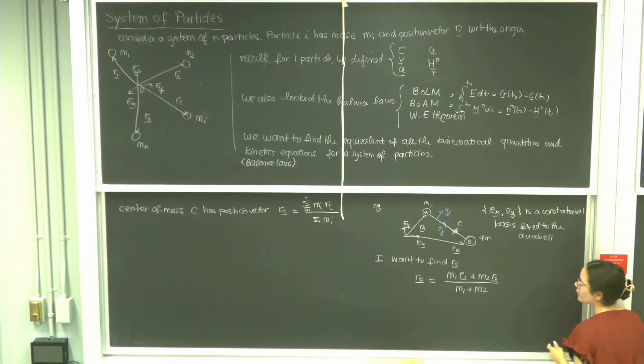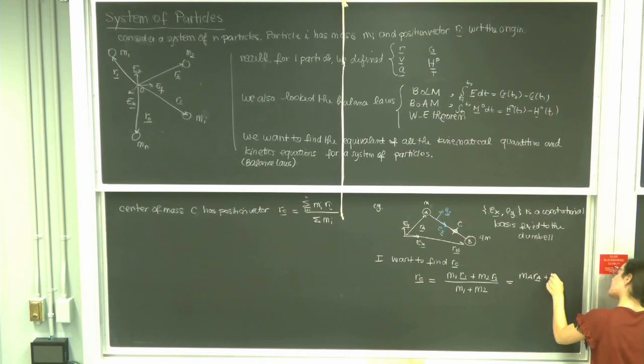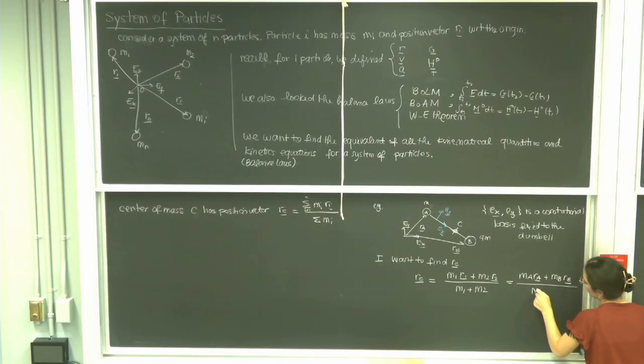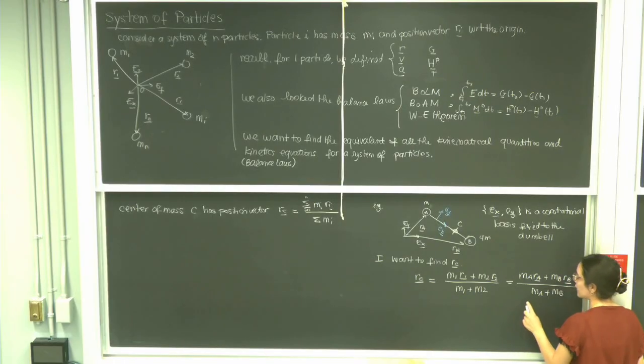Here I call the particles not 1 and 2 but A and B. So MA RA plus MB RB over MA plus MB. Do we agree with this? Okay, great.